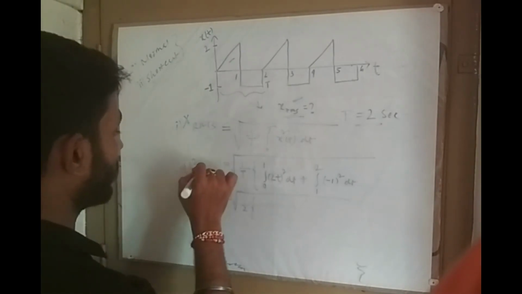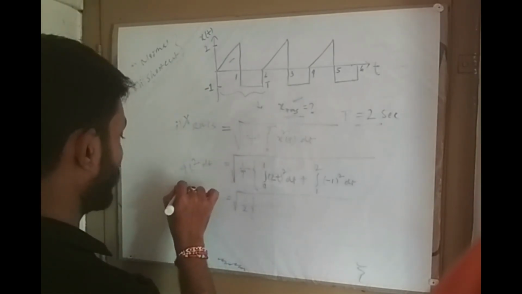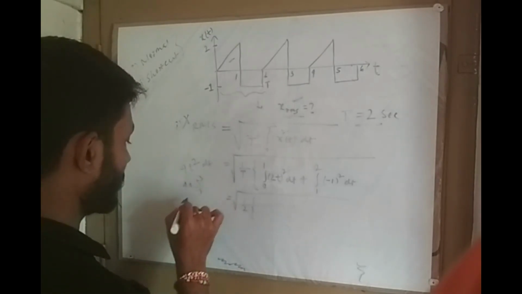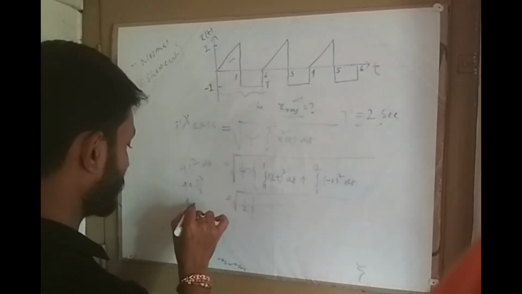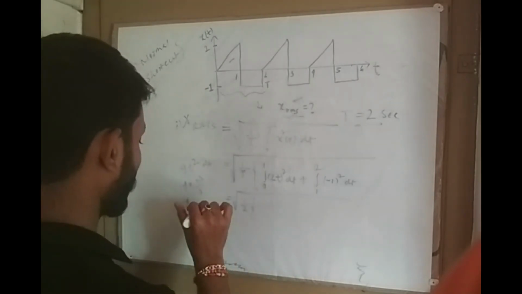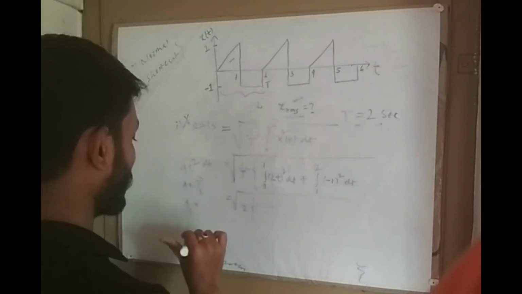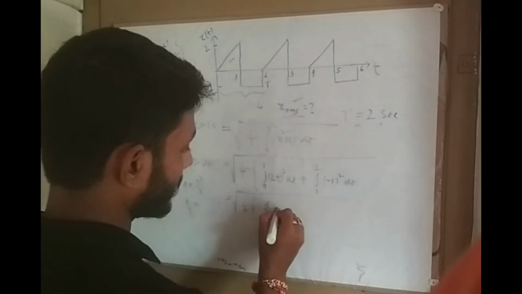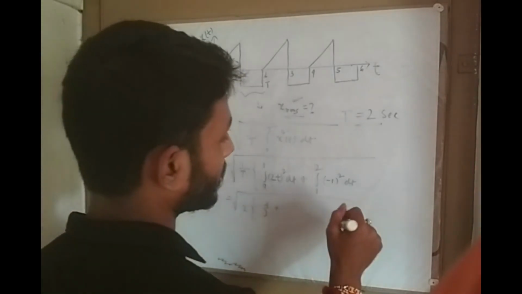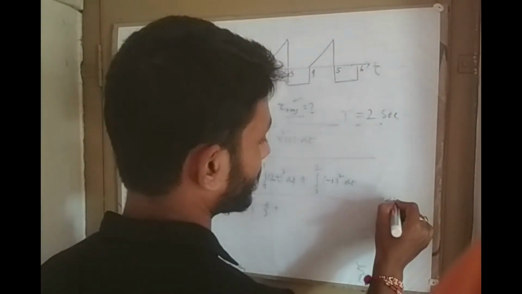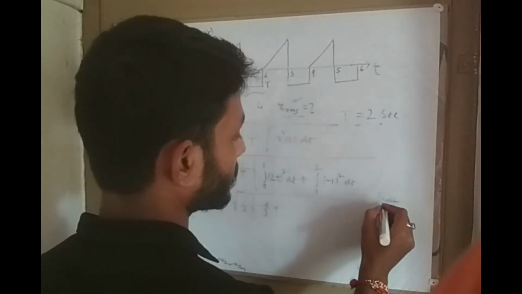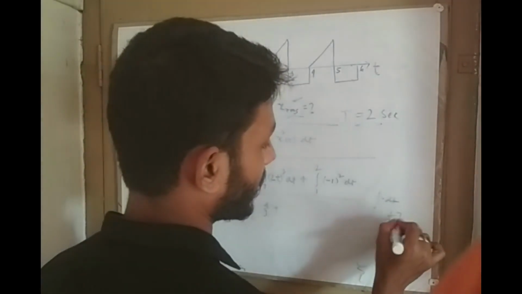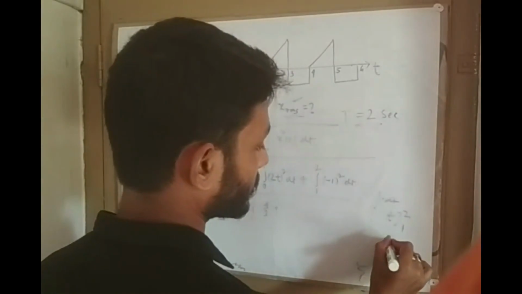If we integrate 4t square dt, it will be 4 multiplied by t cube divided by 3, that means 4 by 3 multiplied by 1 minus 0, that is 4 by 3. Plus, for this one it is 1 dt. If we integrate, it will become t, and 2 minus 1 is 1.